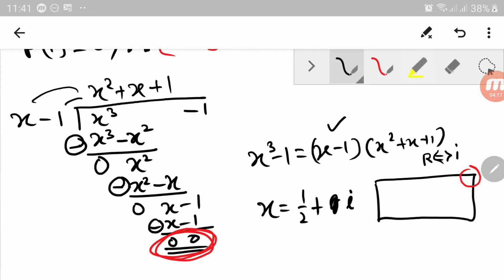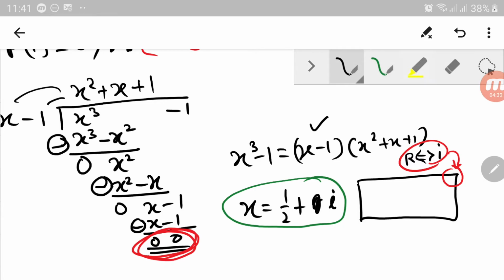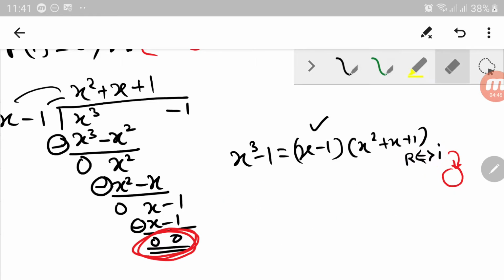If you see this, it means that you have a non-real root. In this chapter, at least in your syllabus as a matriculation student, we are not dealing with non-real roots. So it means that we cannot factorize the expression that I highlighted.